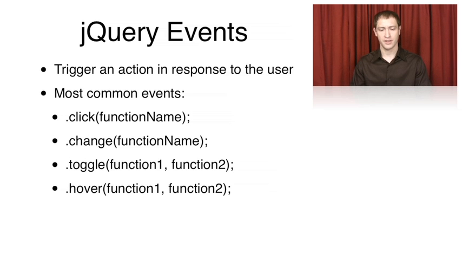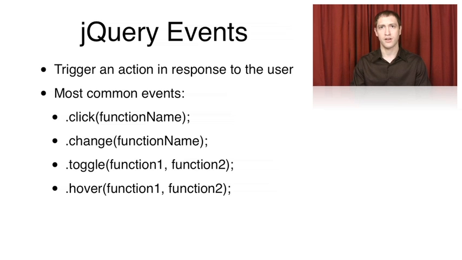So click obviously makes an element react to a user clicking. Change responds to any change within a select list or radio button or checkbox. Toggle is very similar to click, only it will execute these actions alternatingly. Hover, very similarly, will respond to rolling the mouse over something and then rolling it back out.